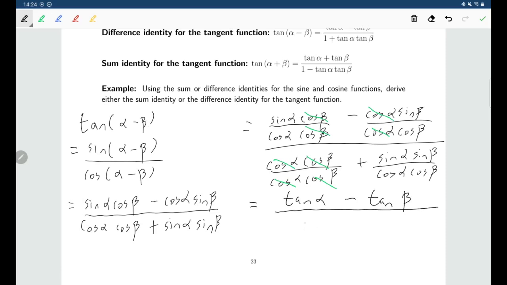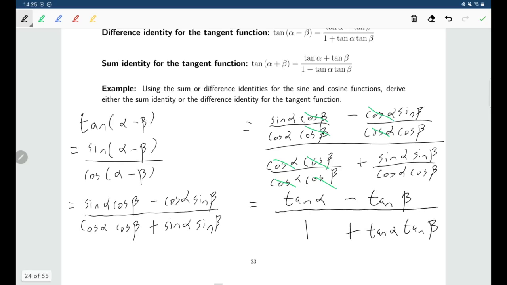And in the denominator, we have 1 plus sine alpha over cos alpha, that's tangent alpha. Sine beta over cos beta, that's tangent beta. I'm just going to write that a little bit nicer. So we have in the denominator 1 plus tangent alpha times tangent beta.